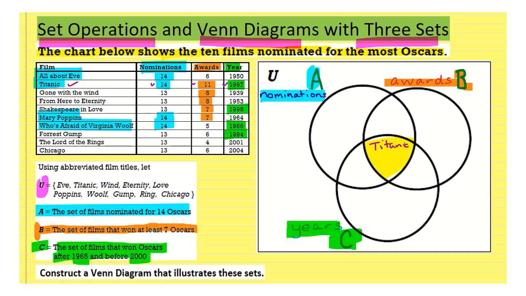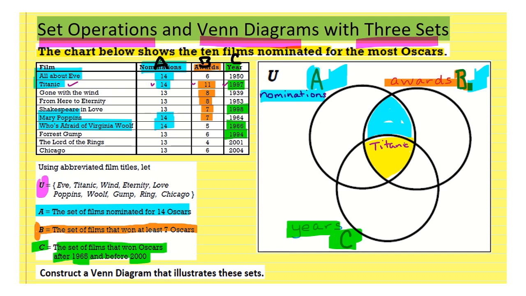Okay, so now let's look at what is in the A category and the B category. That would be in this section right here, that is shared between A and B. This is the A column, that's the B column, that's the C column.